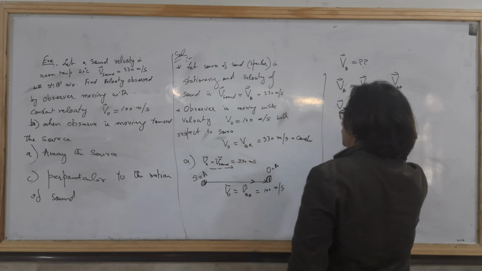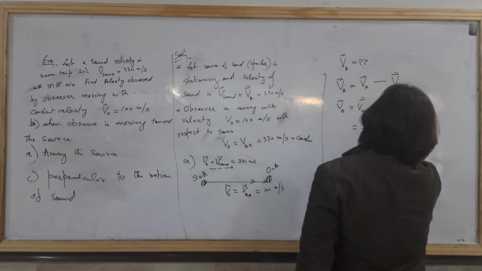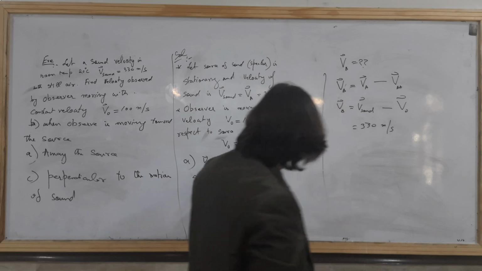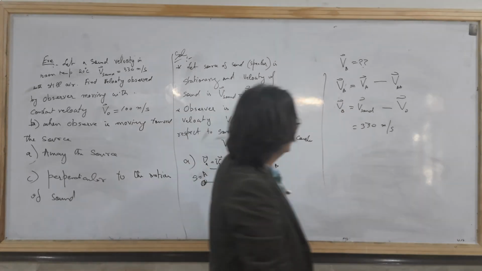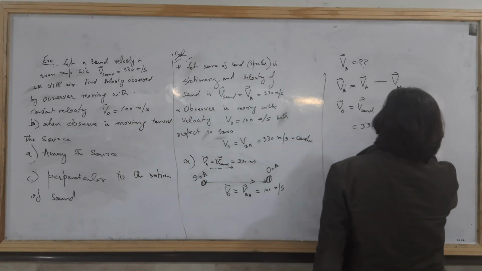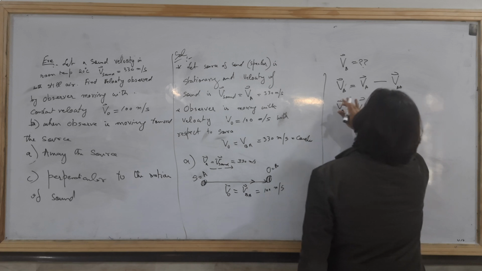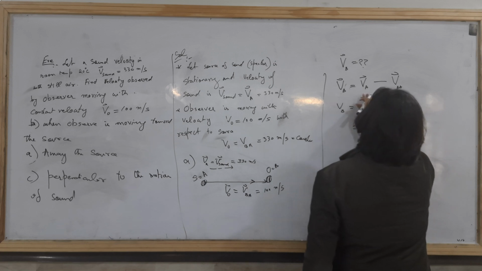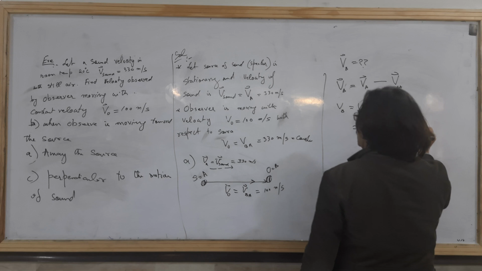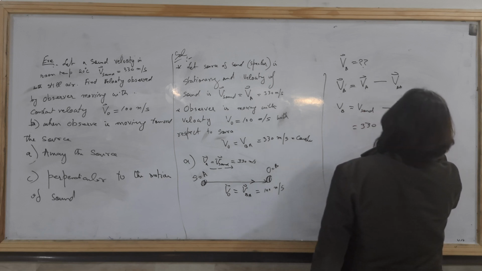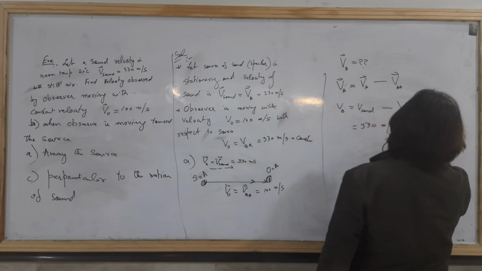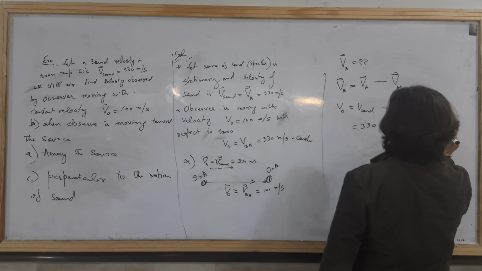That is 330 meter per second, because that is the same line. And VO is 100 meter per second.